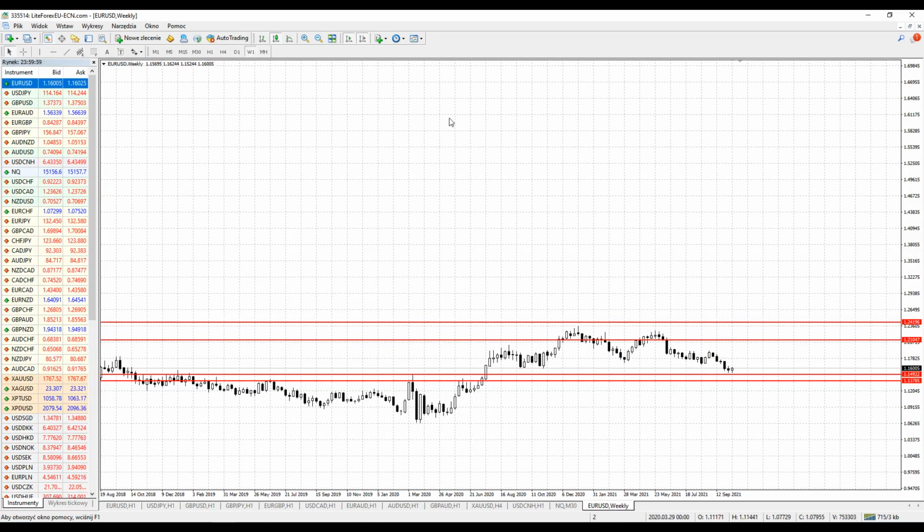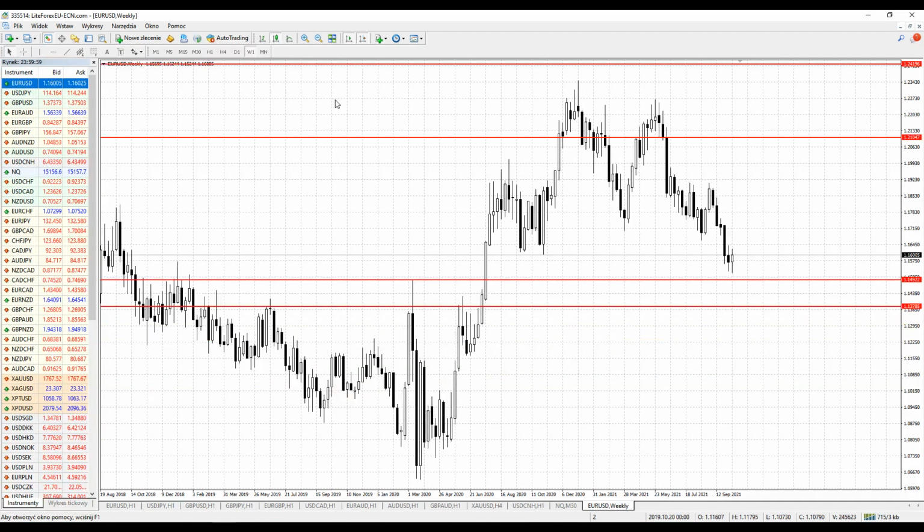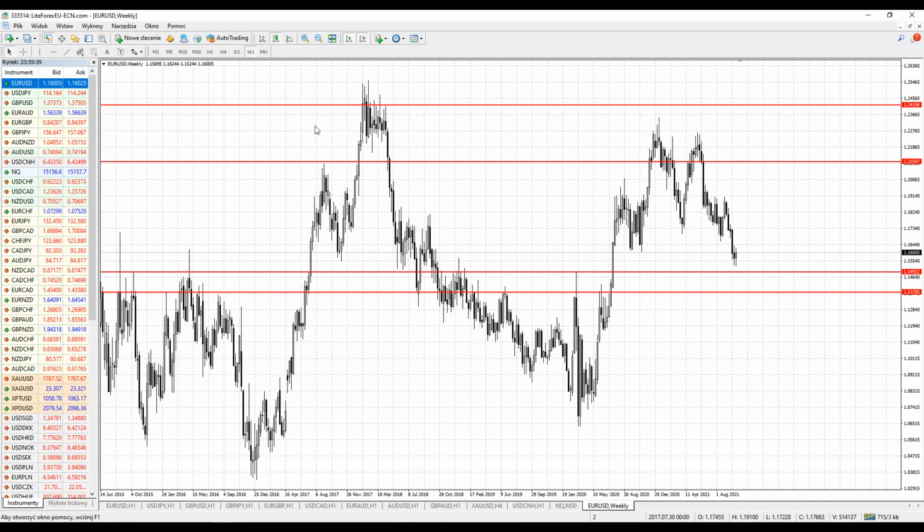Let's switch lower. Let's have a look what we have when it comes to the weekly chart. Let's make it like this, all right? So, if you do remember previous educational videos, and if you haven't seen them, I strongly encourage you to watch them first to go back in time and see what has happened, right?